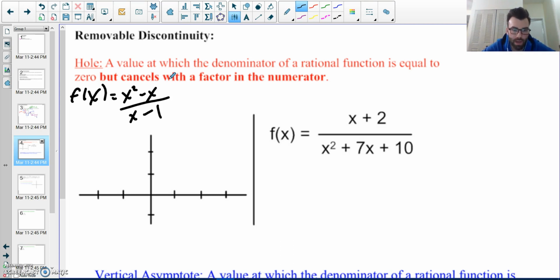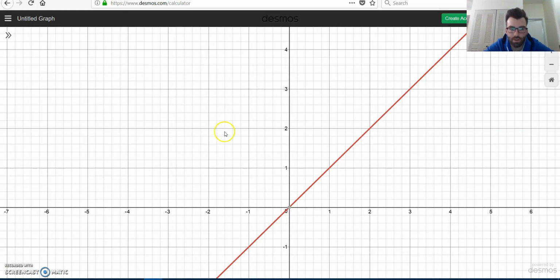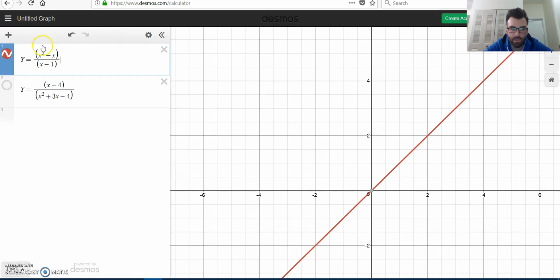Make sure you use parentheses here and here. I do not have the graphing calculator application on this computer, so I'm going to show you the Desmos version. This is what your y equals should look like, with parentheses using the division.